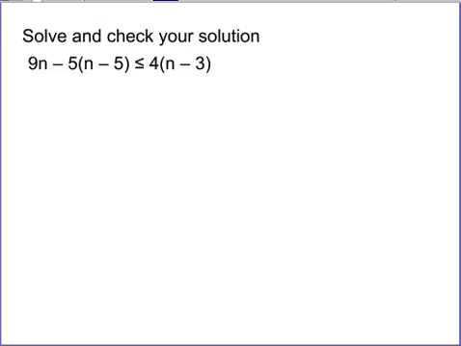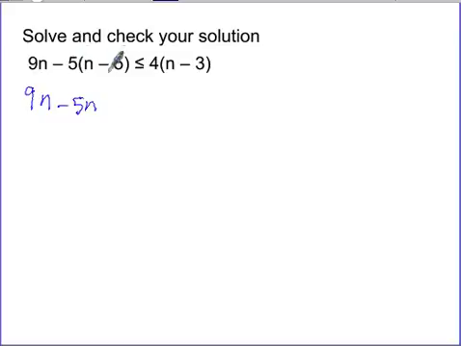Alrighty. Solve and check. We'll practice. We've got to distribute first, so negative 5 times n, so minus 5n.